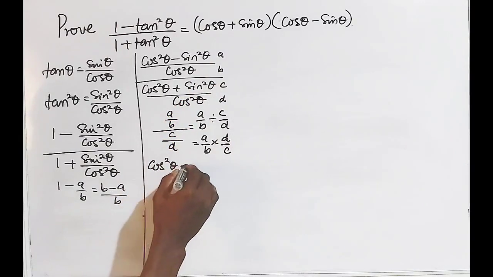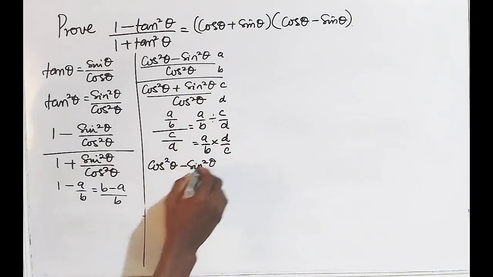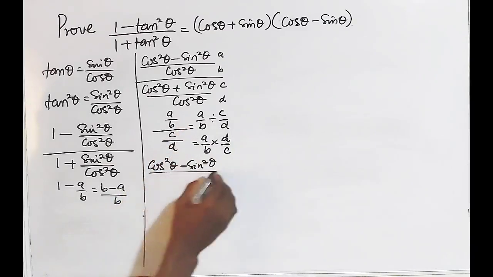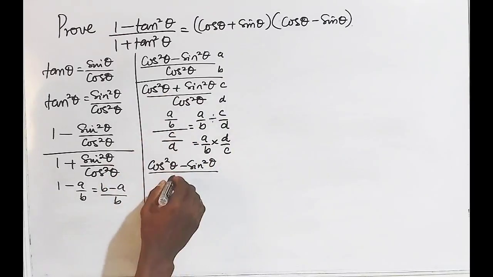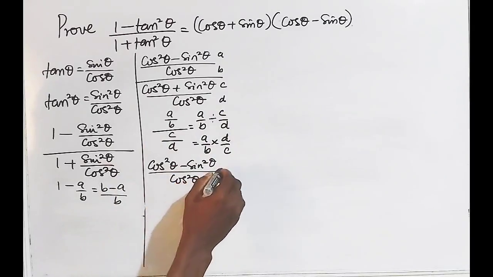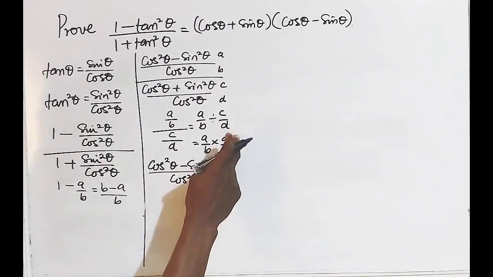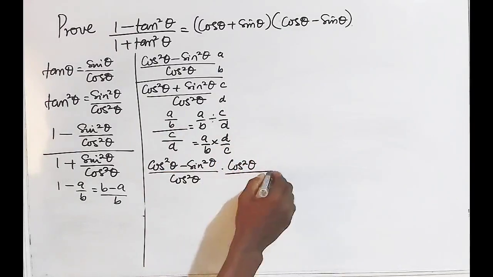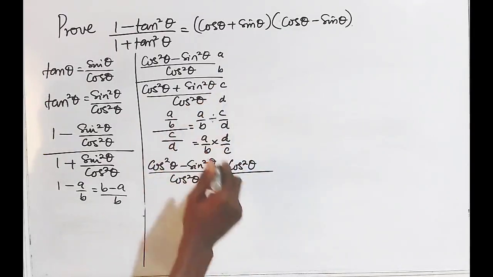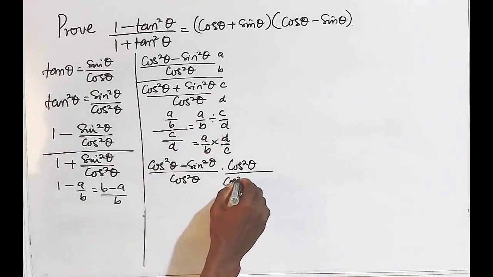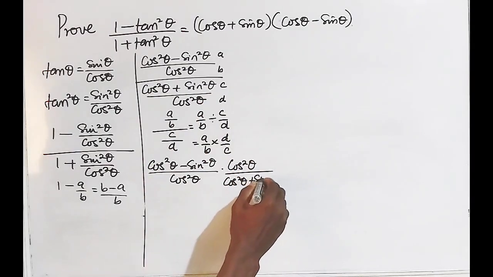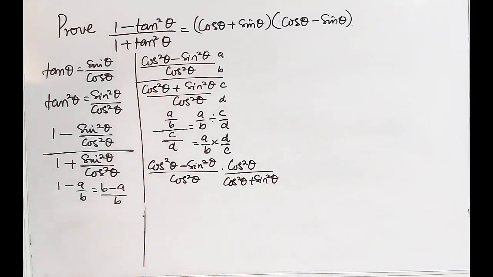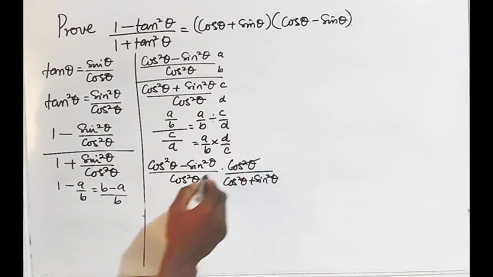Now the final product here will give us cos² minus sin² for a, over our b, cos², now times our d here, which is cos², all over our c here, which is cos² plus sin². To this point, you can say this will eliminate this.